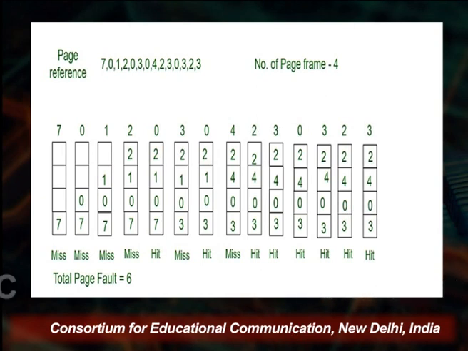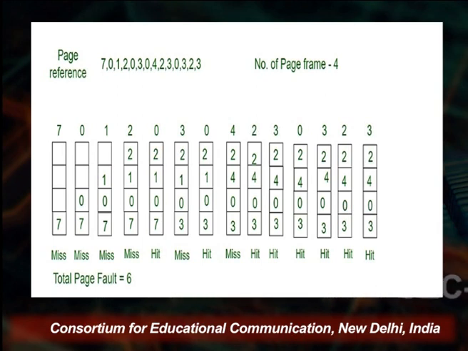Now what is happening here? The fifth page which is being asked for is 0, and 0 is going to give a hit. Then we have 3 being asked for. Now we are going to replace 7, knowing the fact that 7 is not going to be used in the future for a long duration of time.